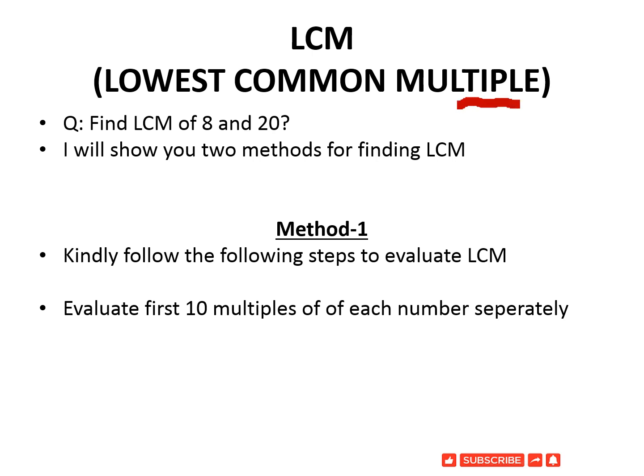First is multiple, second is common, and the last is lowest. So you first find multiples, then evaluate the common ones, and then find the lowest one, which will be the lowest common multiple. Now you can understand why you have to memorize these three words, isn't it?